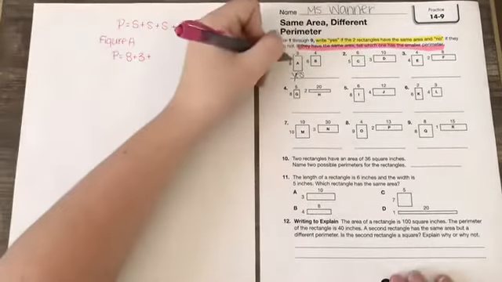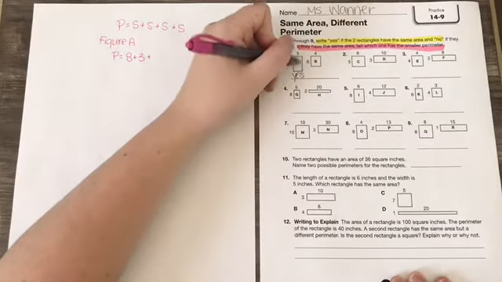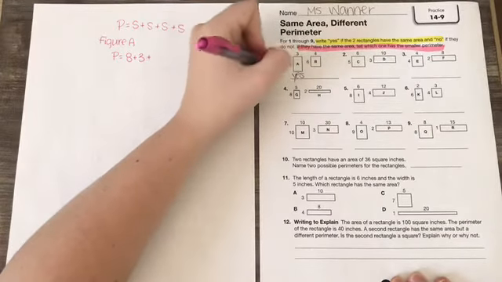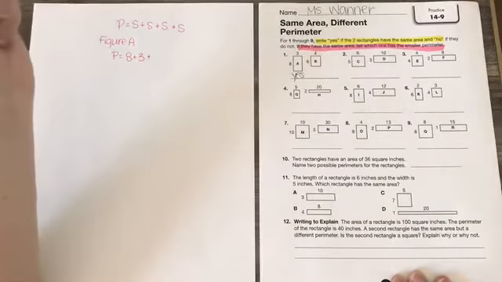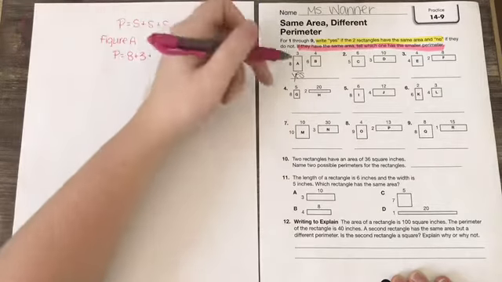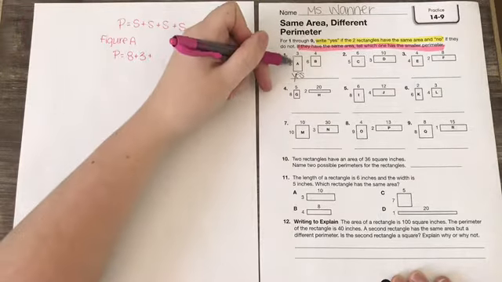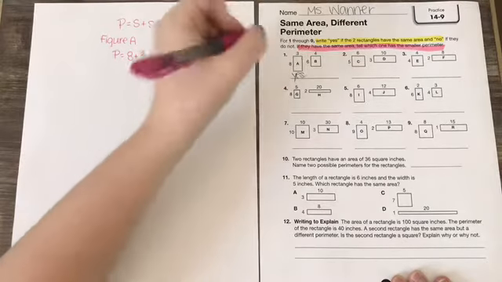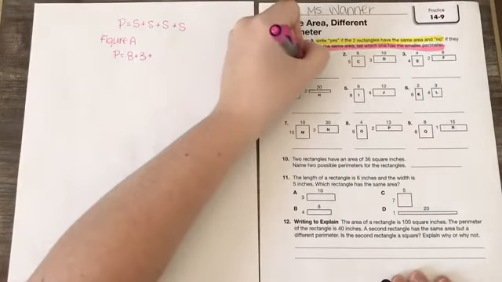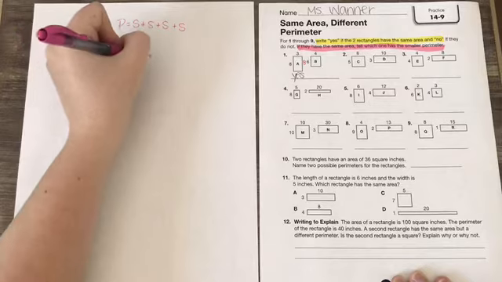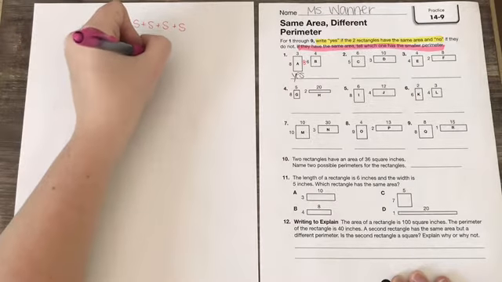And we know that our length must be parallel to our other length, and our width must be also parallel to our other width. So in knowing so, I know that since this side is 8, my other length side is also going to be 8. I'm going to write that there. So I have 8 plus 3 plus 8.